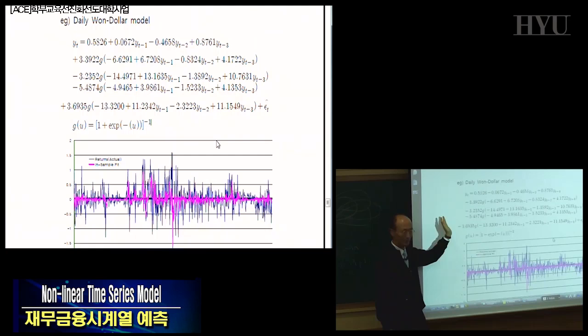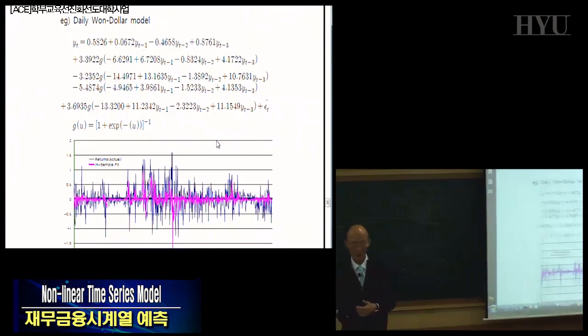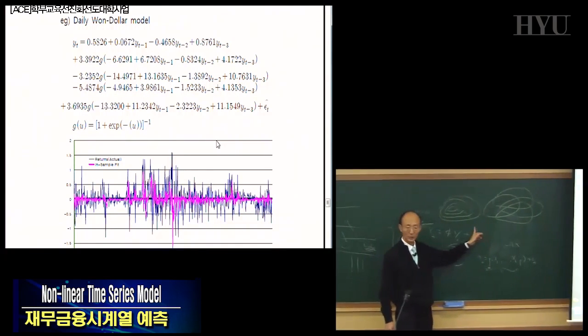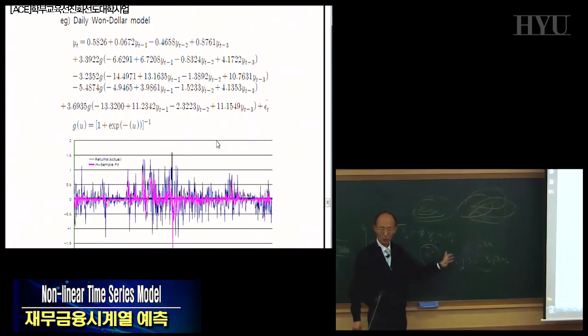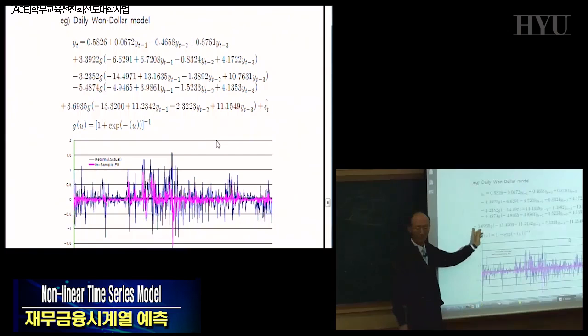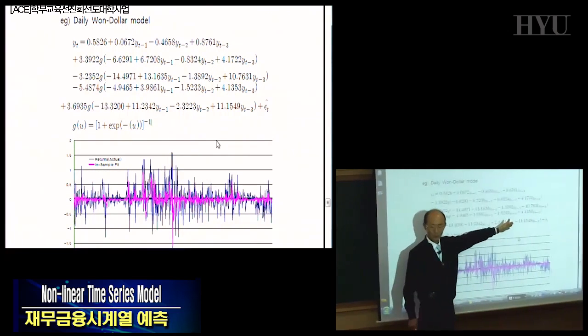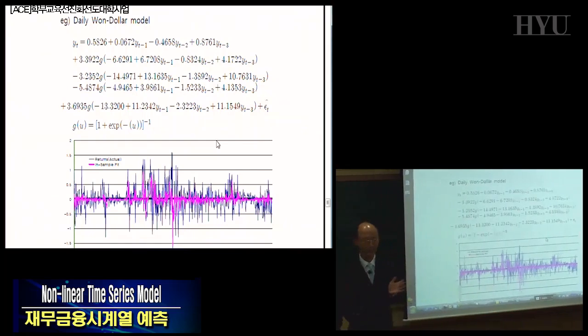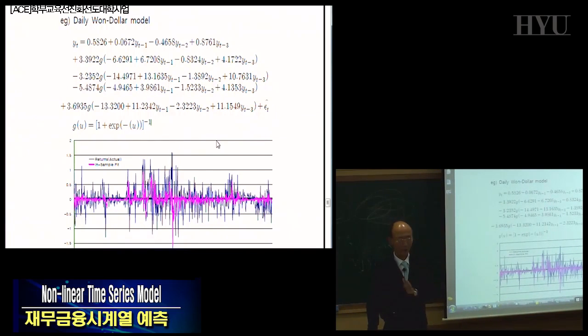In fact, someone did an experiment and created a purely random sequence, and fit this type of model with a sufficient number of lagged values and more hidden layers. They had a very good fit, even though the data is purely random.